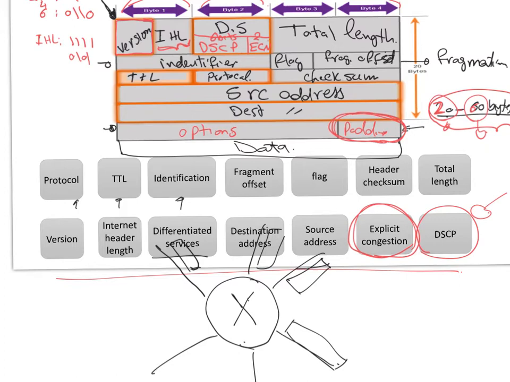Okay, so this is important to keep in mind. But in any way, they define the high-level functionality. So explicit congestion notification is used by the router so that it may send explicit congestion notification back to the source.